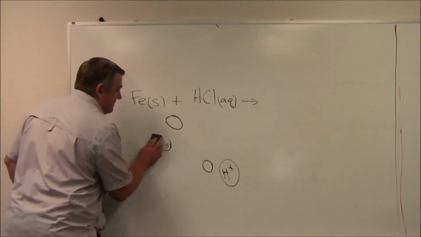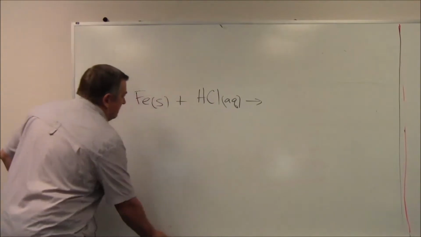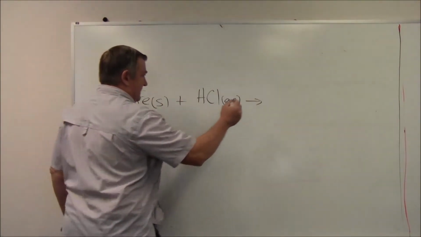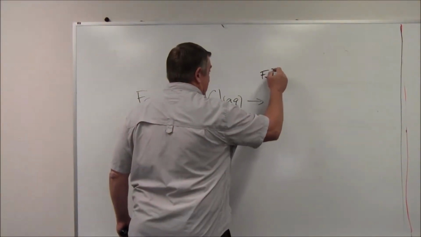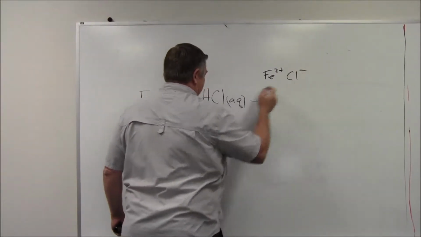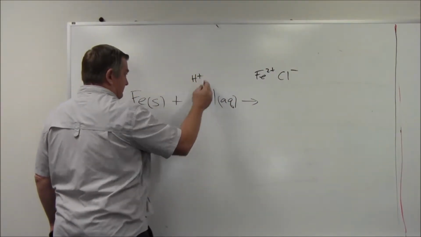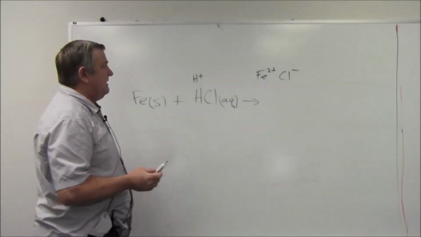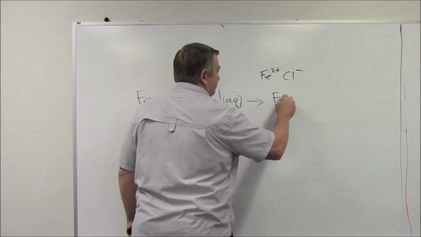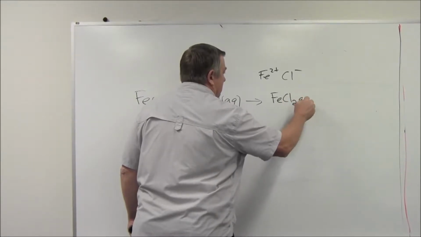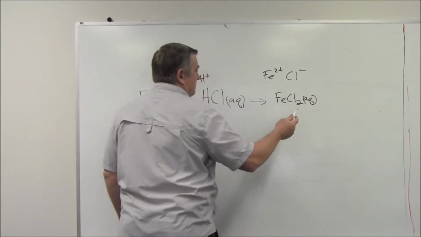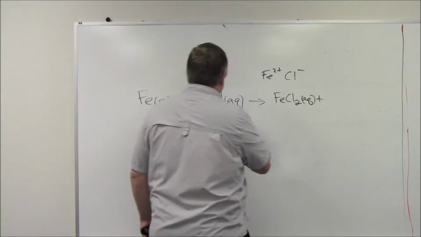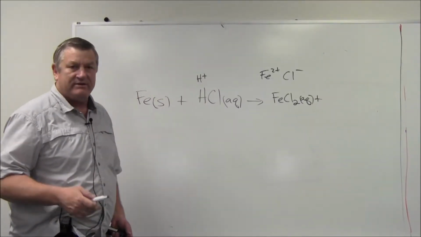Let's erase this. And so the iron's going to become iron 2+, and it's going to react with the chloride, and we know this is H+, cation. Remember, in an acid, the cation is always an H+. And so these are going to come down to make a neutral formula. And then the hydrogen ion's going to come out as a neutral form.